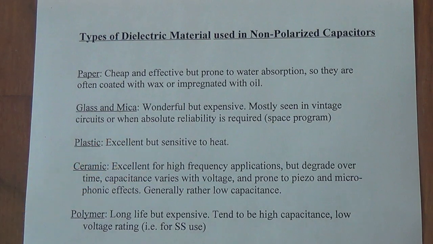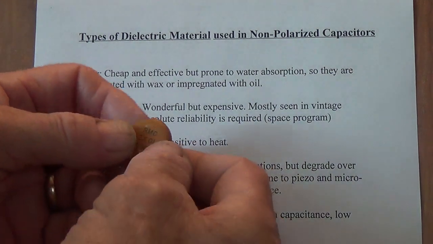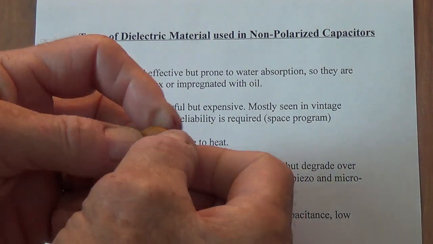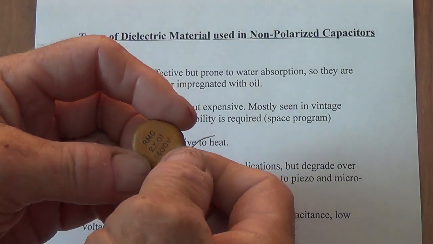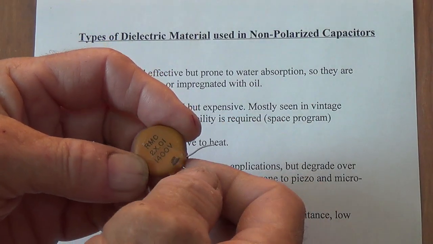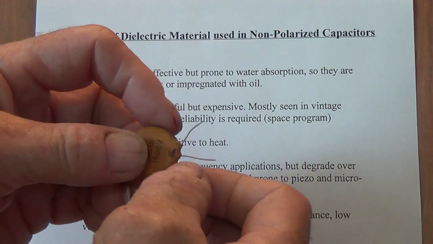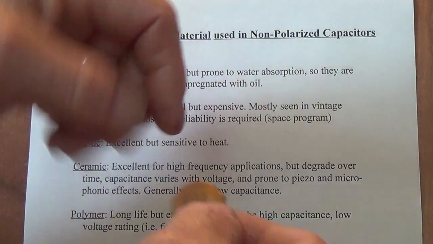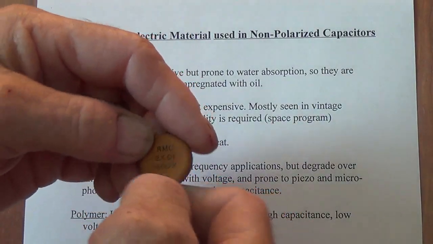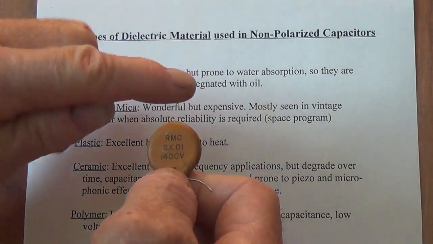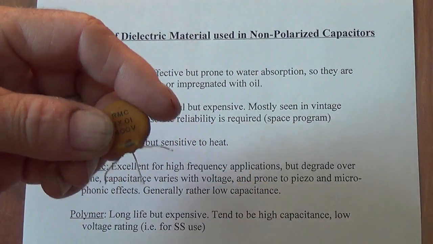They're also prone to something called piezo and microphonic effects, and that is, with ceramic, if you twist or stress the ceramic, you'll actually generate electricity within the ceramic, and this is the basis for a lot of phonograph cartridges that will have a little piece of ceramic in there, and then when the needle wiggles, it stresses the ceramic and generates an electrical output that reflects the grooves in the record.